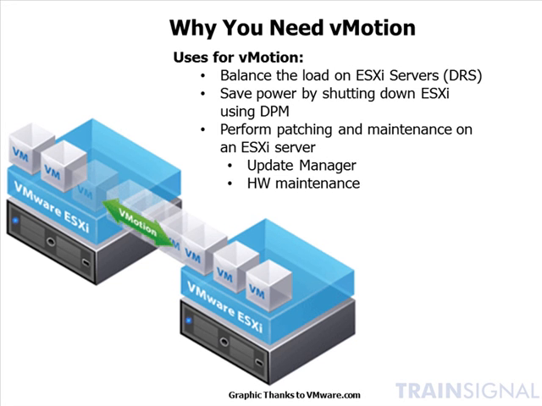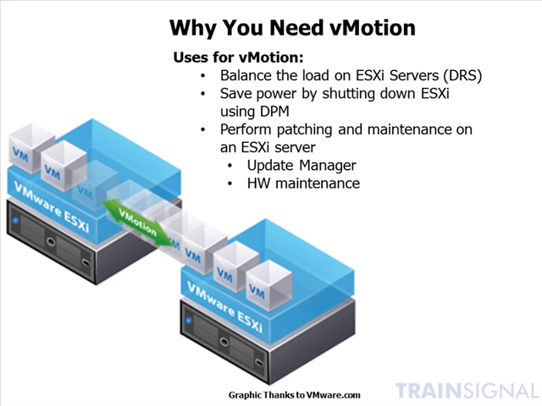For example, the Distributed Resource Scheduler, or DRS, ensures virtual machines get the resources they need, and when they don't, it uses vMotion to move virtual machines that need more resources to another server that can provide them. vMotion is also used by DPM, or Distributed Power Management, so that it can move running virtual machines and consolidate them onto fewer servers before it powers down ESXi servers in order to save power when the utilization of a cluster is low.